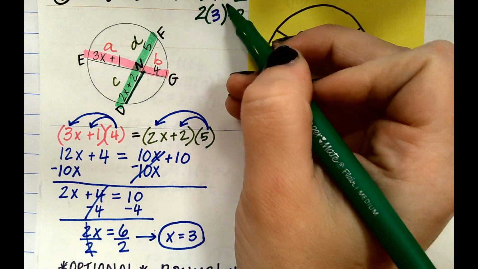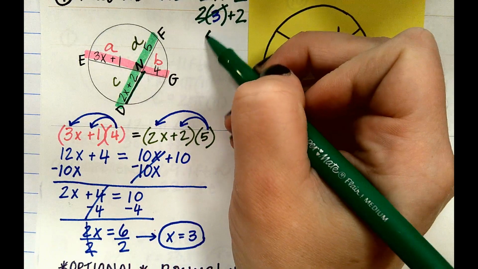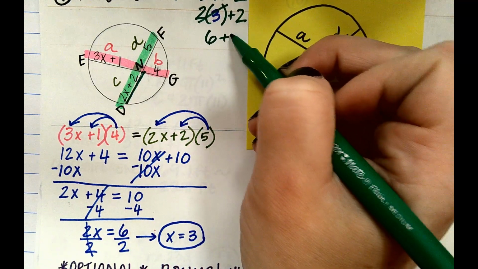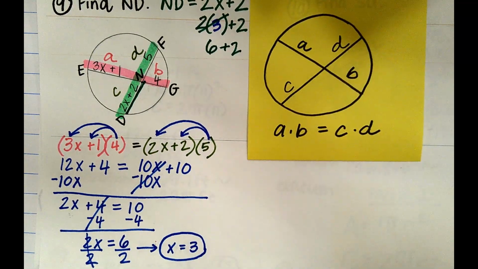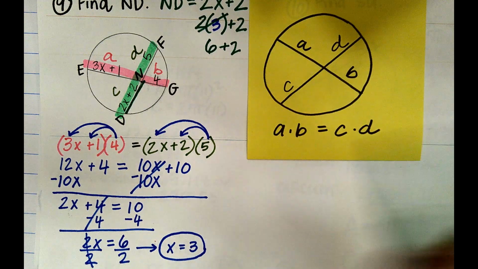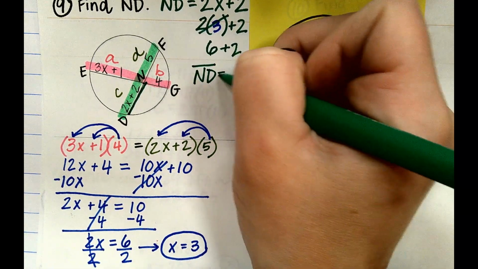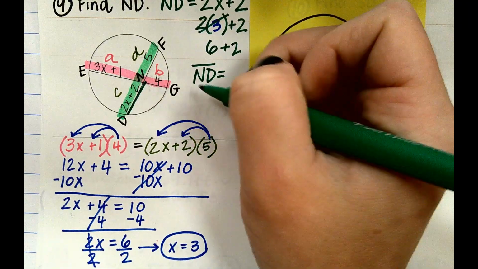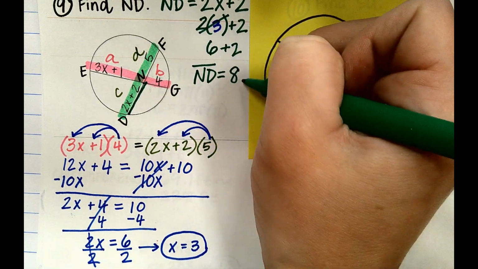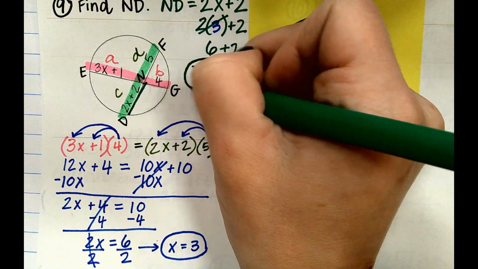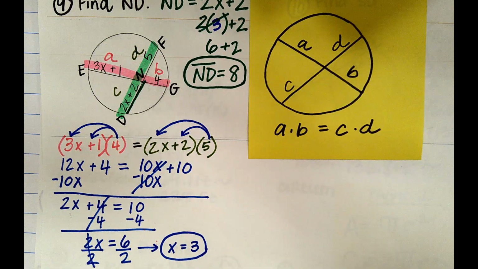That should give me 2 times 3 is 6 plus 2. So what is the measure of ND? 8. And it doesn't give us units, so we don't have to include units. ND equals 8. Very nice.